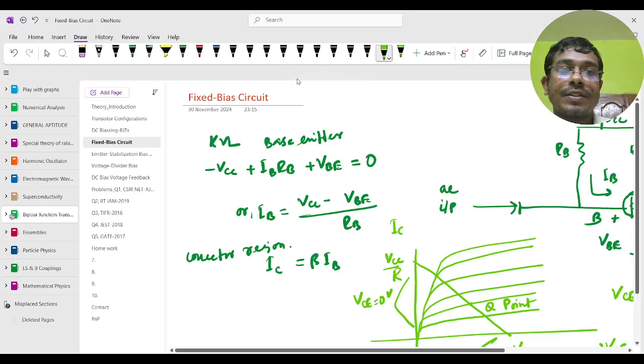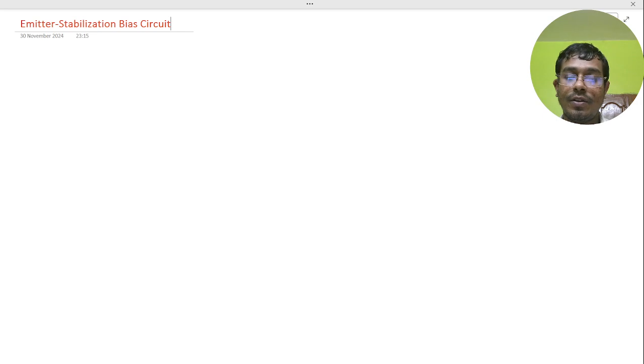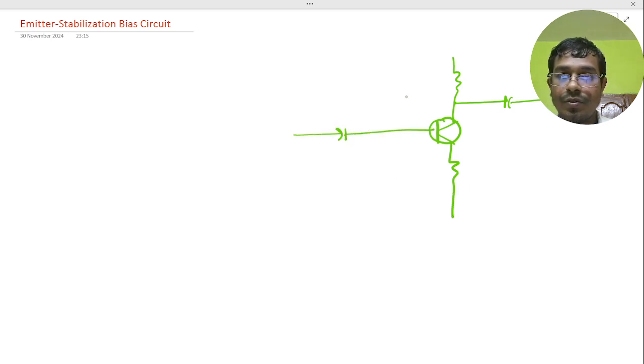Basically for the emitter stabilization bias, we should first draw the circuit of emitter stabilization bias. That is basically, this is the transistor here, and this region is the base, with RC, and this one point goes here, and this is another resistor.